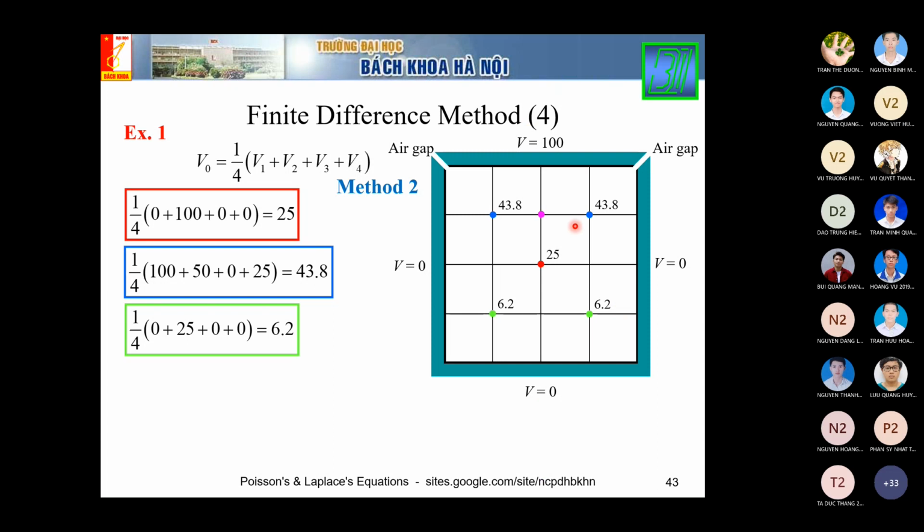And then we need the pink node. Now can I apply the diamond? Yes, because I knew this and this. So now I can use the diamond. It will be this plus this plus this plus this over 4 in here.